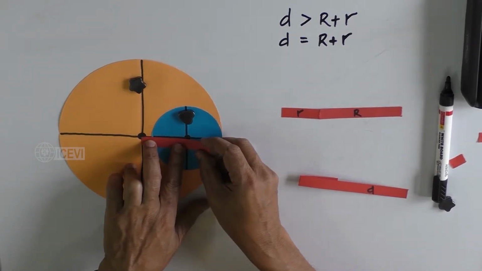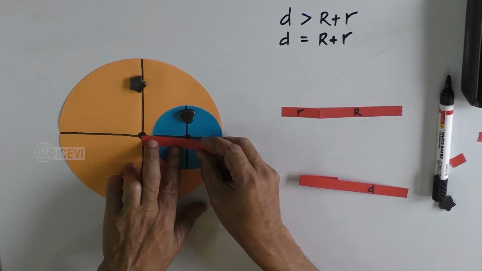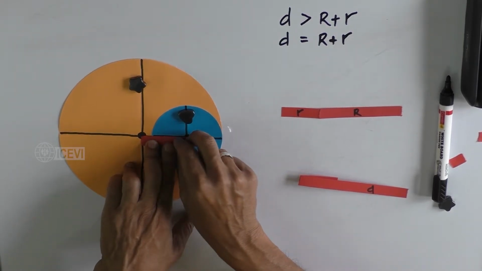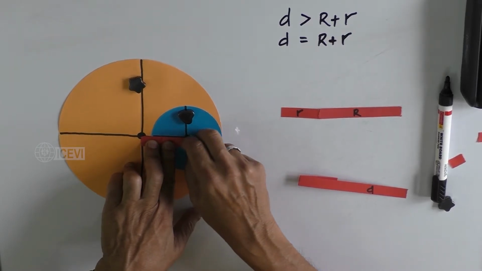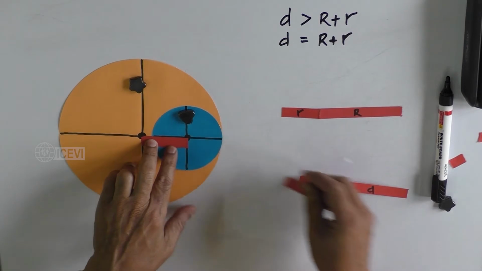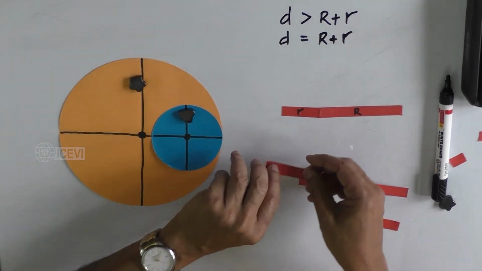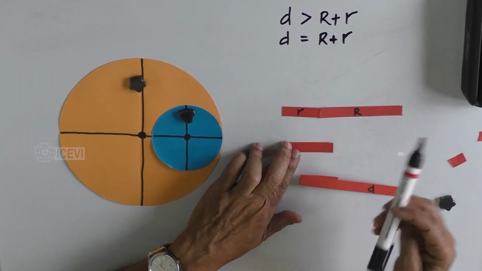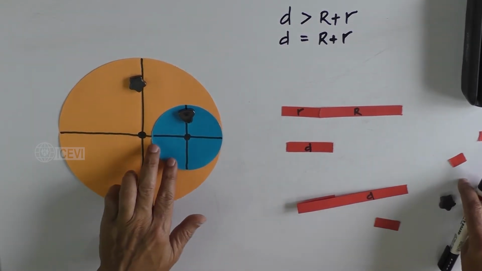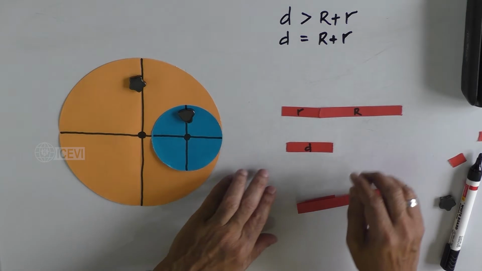Now let us find out the distance between the centers of the two circles, the big one and the small one, and let us make a strip. Right. Now the small strip is the distance between the centers of the two circles.